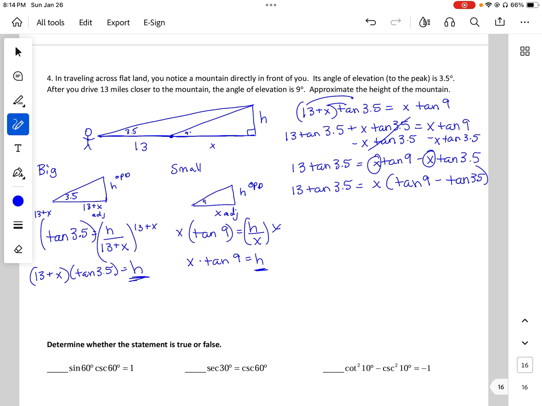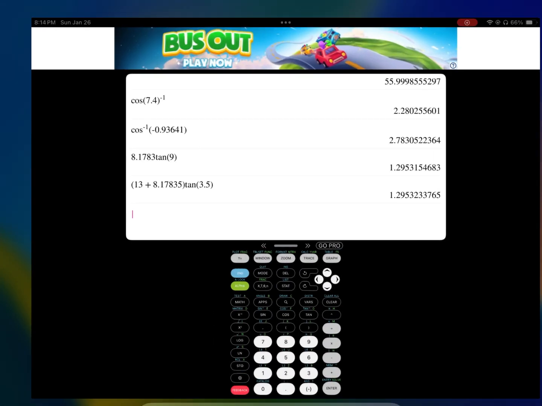Okay, following? Okay, then our last step would be to get x by itself. So we're going to divide both sides by this tan 9 minus tan 3.5. Okay, so now we're simplified and we have what x equals. So now we are going to plug this in the calculator. So I'll show that one to you.